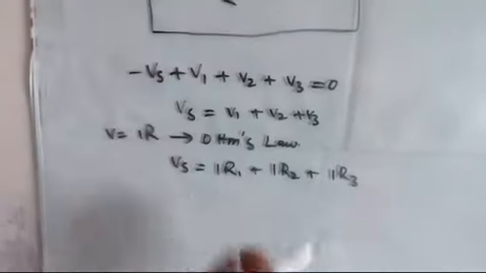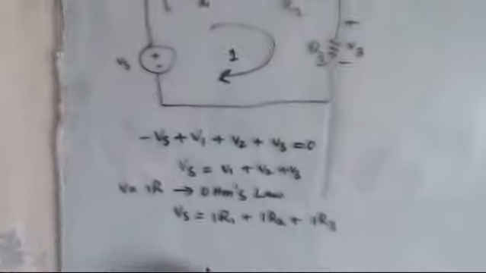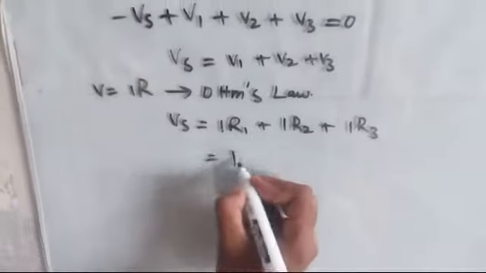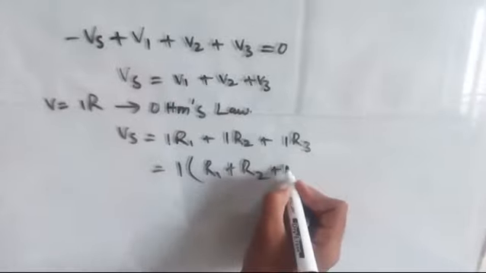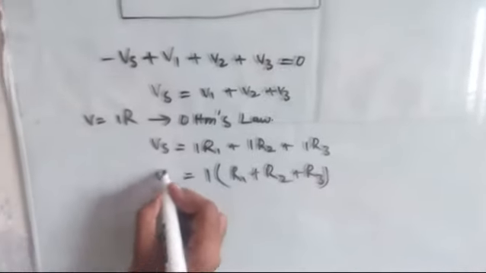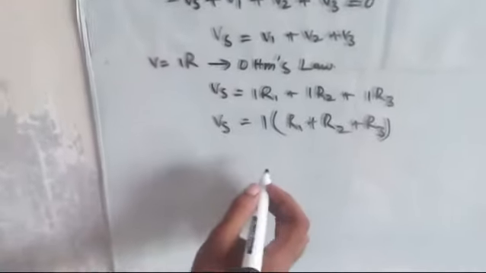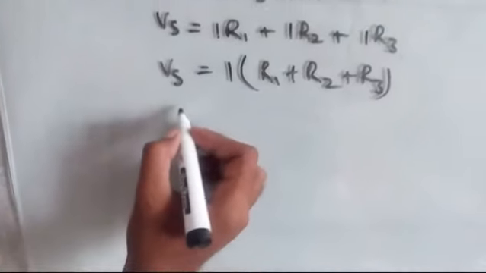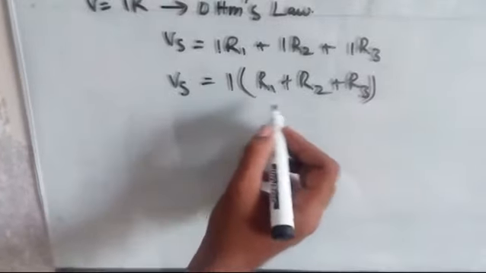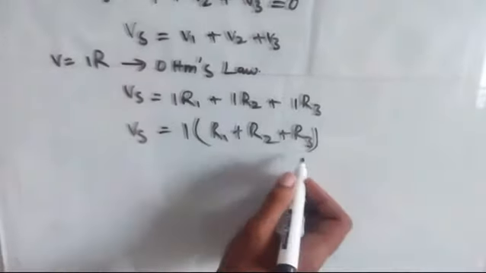Same current is flowing through three resistances, so we can take I common: I into R1 plus R2 plus R3 is equal to Vs.